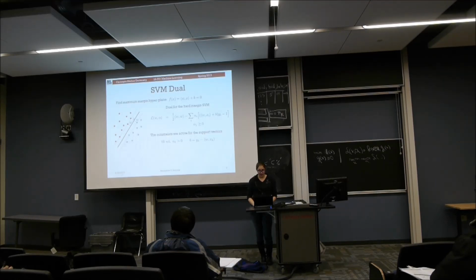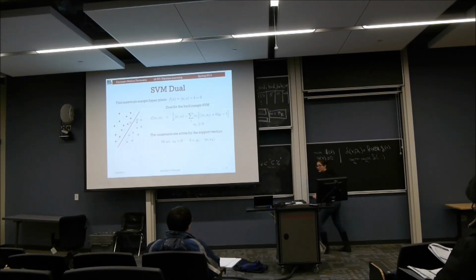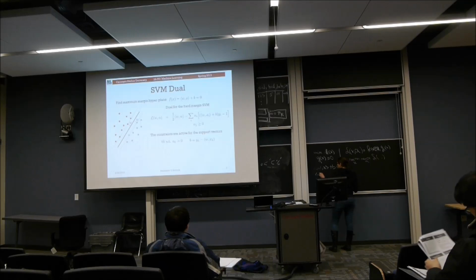So you have two hyperplanes. This is the hyperplane with function equals 1, and the same equals -1. So these are the two hyperplanes that I need.